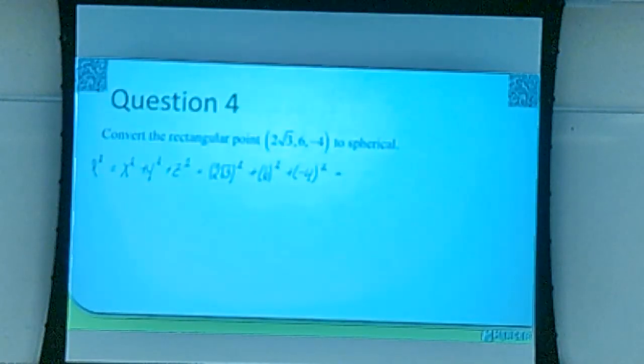It's 12. What is 6 squared? Add to 12. Negative 4 squared. Add to 48. Square root of 64. Rho is 8.